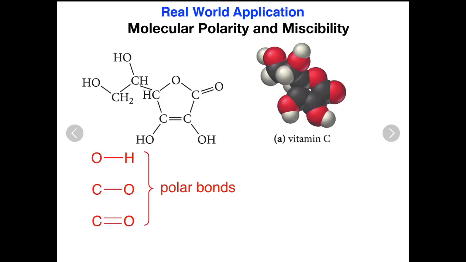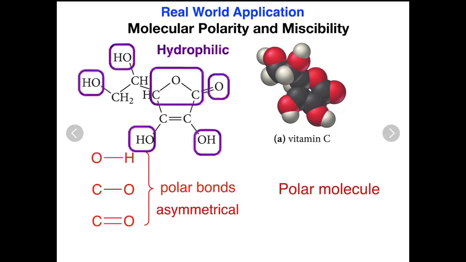It also contains a small nonpolar part, which is the CH part. However, in this case, you will see that there is a lot of polar part. Therefore, it makes this molecule a polar molecule, right? There are a lot of oxygen and hydrogen polar parts. Therefore, vitamin C will be able to dissolve in water because it contains the hydrophilic part. So vitamin C is miscible in water.